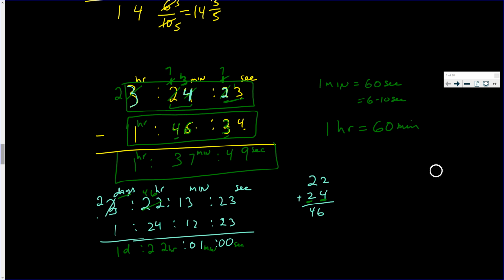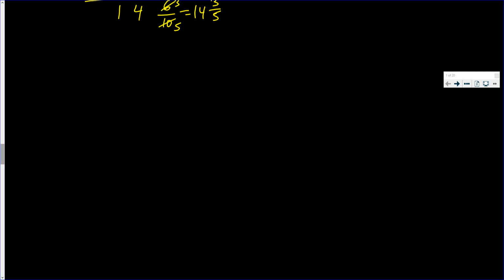Let us just do one more like this, but let it be adding. Suppose you have 22 hours, 44 minutes, and 50 seconds. And you want to add 5 hours, 20 minutes, and 30 seconds.